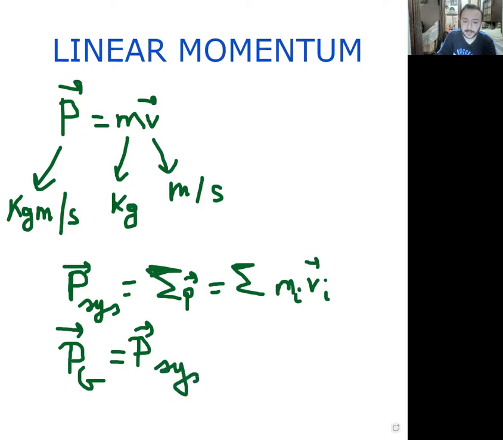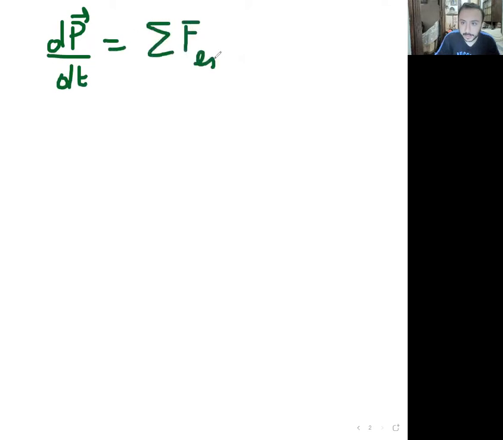Now we can apply the second law of Newton. The second law of Newton that you know already, which is the sum of forces is equal to m times a, comes from this. It's the derivative of p, which is equal to the sum of the external forces.